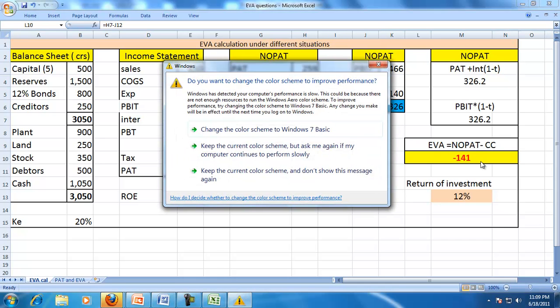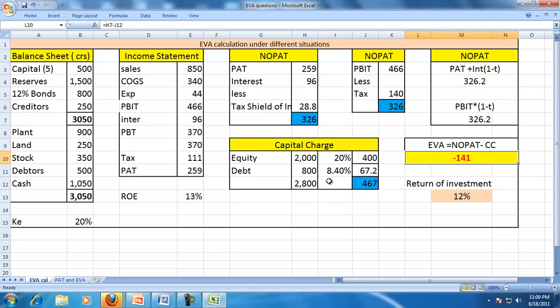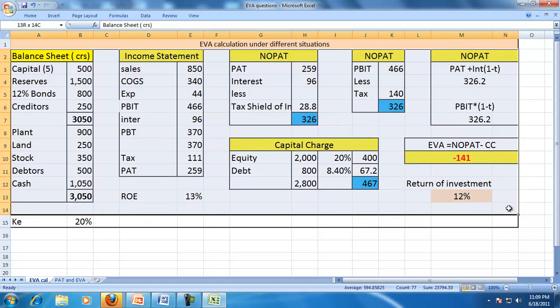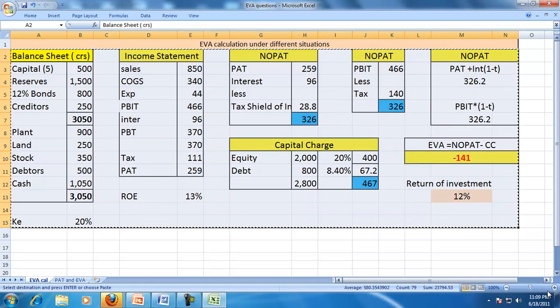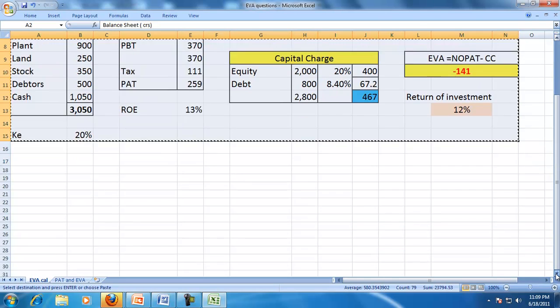So in order to make this number more meaningful, let us take a decision by seeing the capital structure or the balance sheet. Suppose I say that the same business with the same NOPAT will have a different capital structure. What will happen? So I just copy this for the time being and paste here.